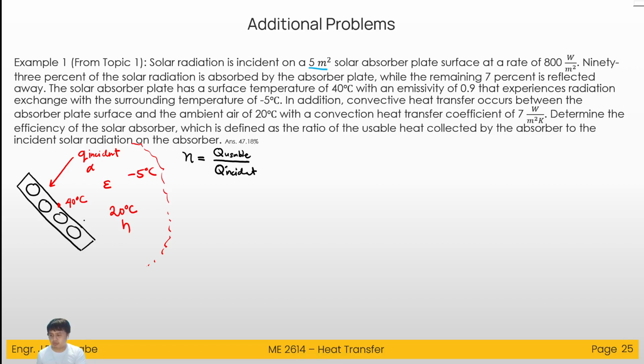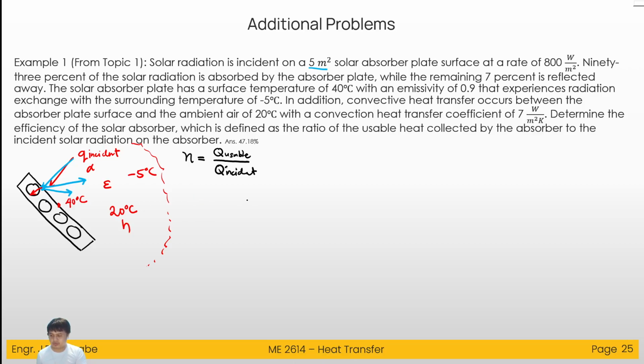You can imagine the absorber plate is absorbing this radiation, and then some of it will be irradiated into the surroundings, which is -5 degrees Celsius, and some of that will also be convected away. So if we do a heat balance, we consider everything that this will experience.